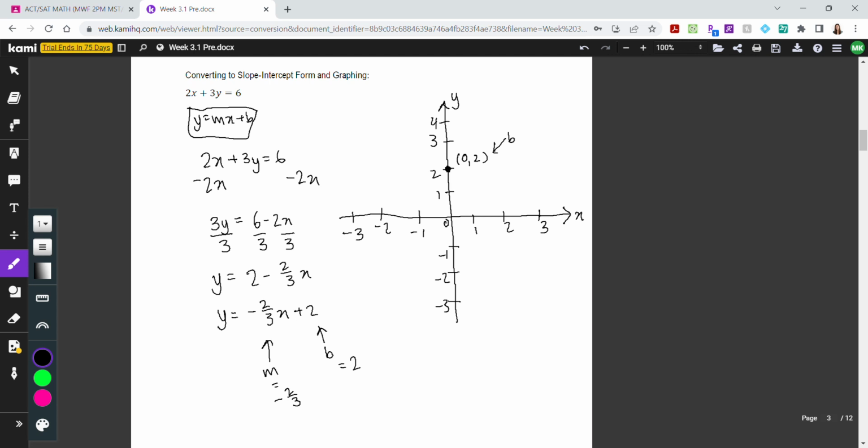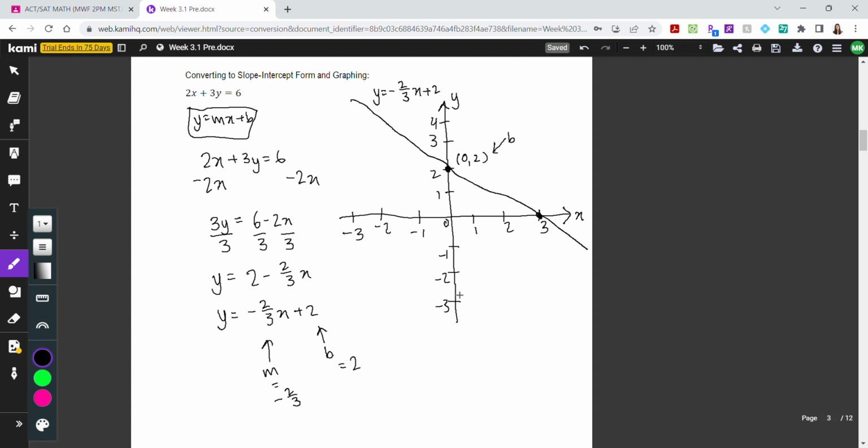So then it will end up here. That means my straight line, hopefully it's straight, will be passing from there to there, and that will be my line. Really helpful also, don't forget to write the equation, which is y equals negative 2 over 3 x plus 2. All right, and that's how you would graph a linear equation.